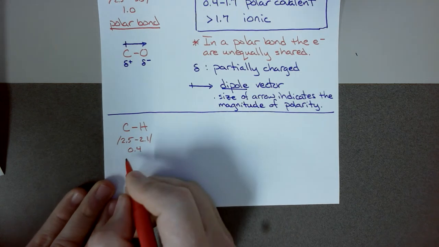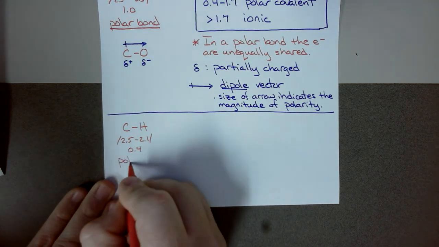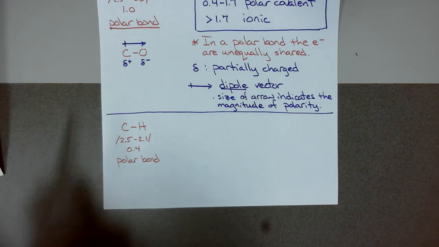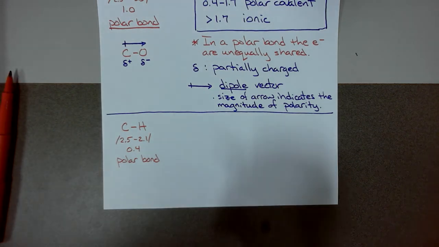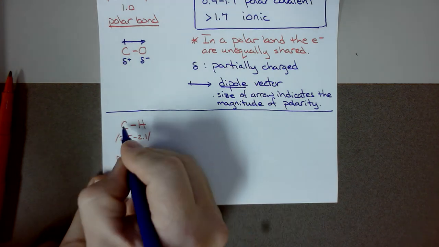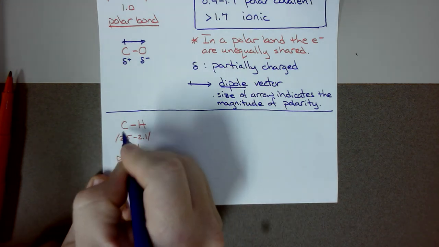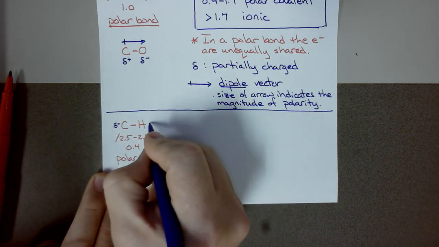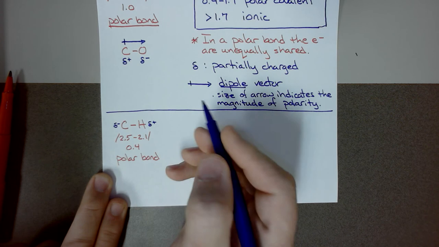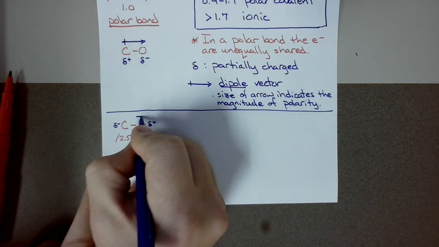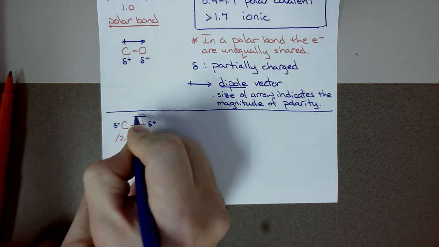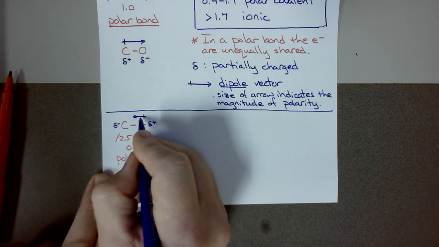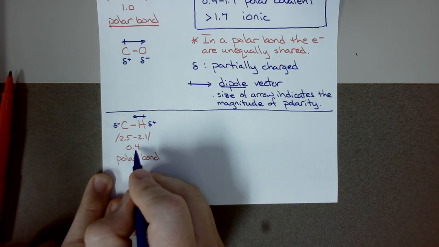So this would be a polar bond. And we can indicate where the negative and positive part of it is. Carbon has the higher electronegativity, so it's going to have the partial negative value, and hydrogen the partial positive value, and we would draw the arrow from the hydrogen, because it's partially positive, towards the carbon. And I'm going to draw a small arrow because this is a very low polarity or difference here.